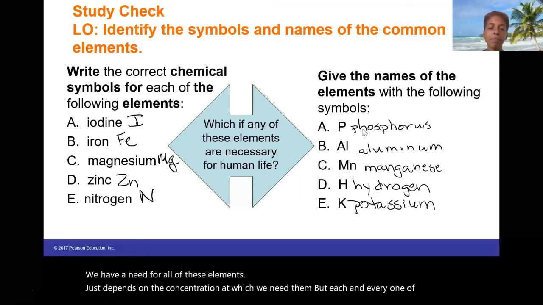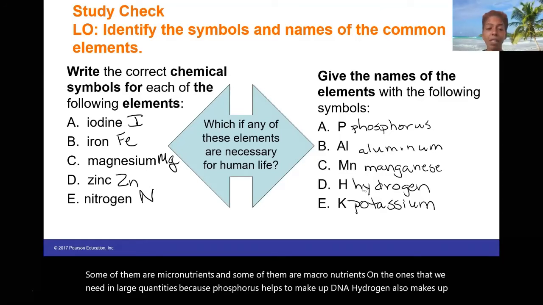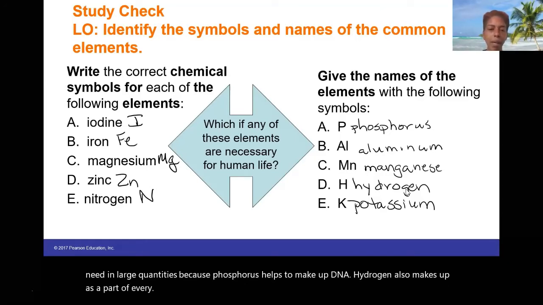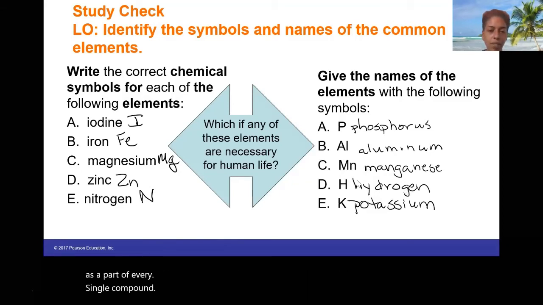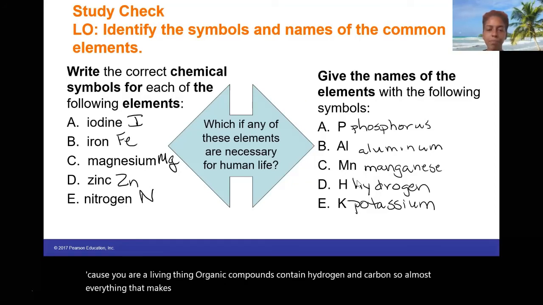Some of them are micronutrients and some of them are macronutrients, the ones that we need in large quantities, because phosphorus helps to make up DNA. Hydrogen also is a part of every single compound. Because you are a living thing, organic compounds contain hydrogen and carbon. So almost everything that makes you up is hydrogen and carbon. All right, moving on.